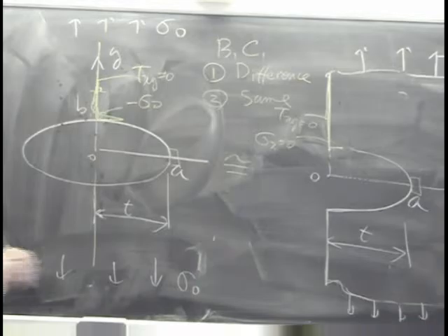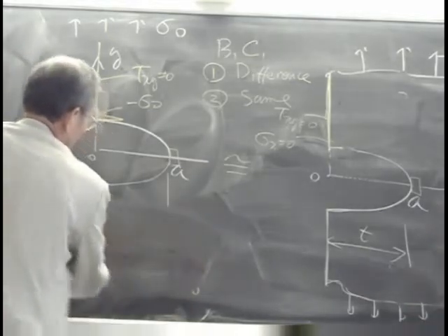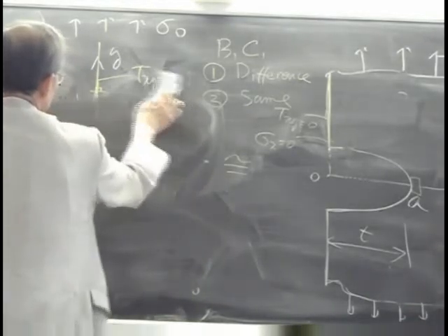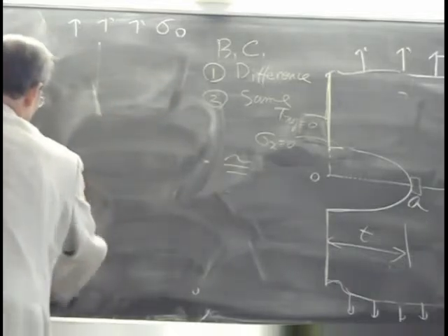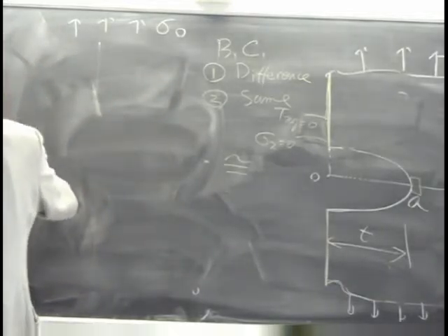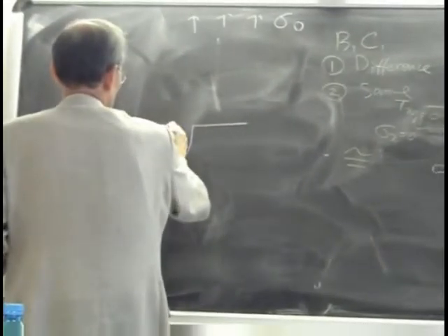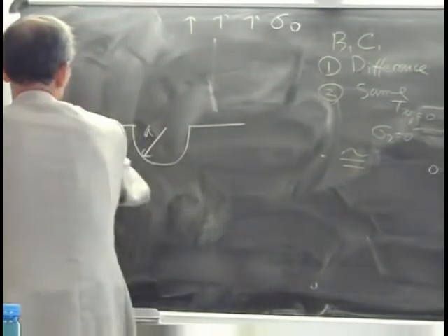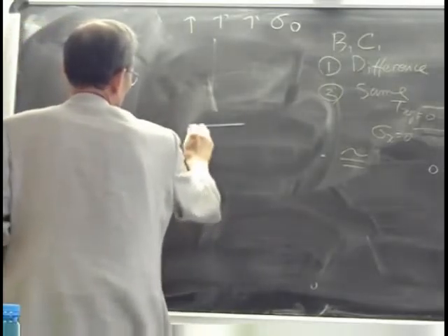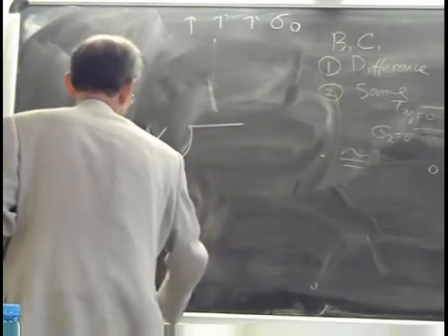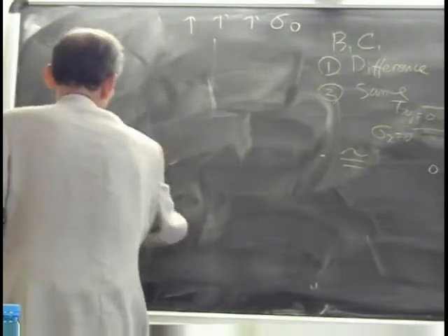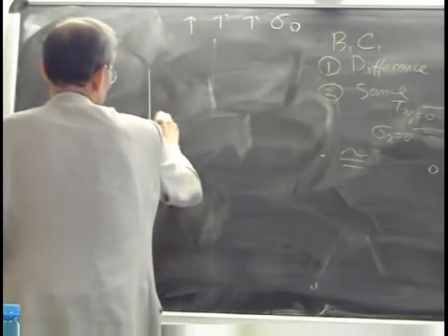And there is a very famous paper published in 1936. Maunsell published a paper on the semicircular hole. This is a semicircular hole. I can write it this way.